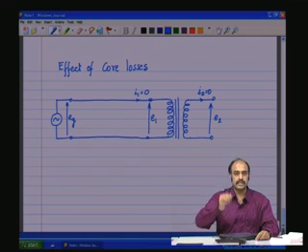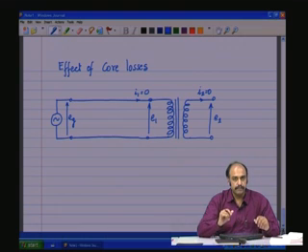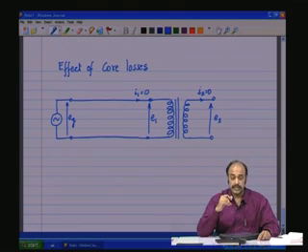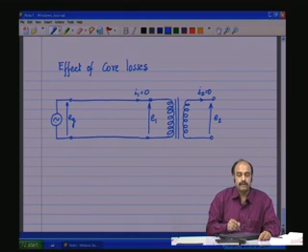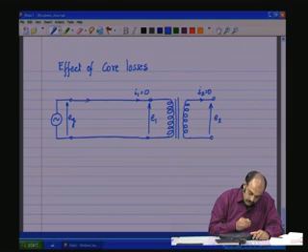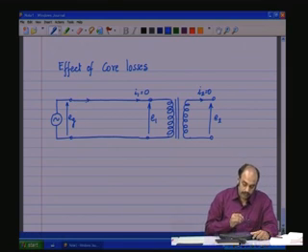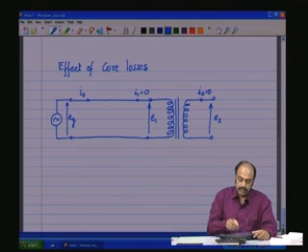Every cycle the hysteresis loop is going to be traversed, and for every traversal, the area covered by the hysteresis loop, that amount of energy is going to be unrecoverable. So, that energy gets lost, which means that much energy has to be supplied by the source, which means the source current will have some current I naught even under no load conditions, whatever that is.